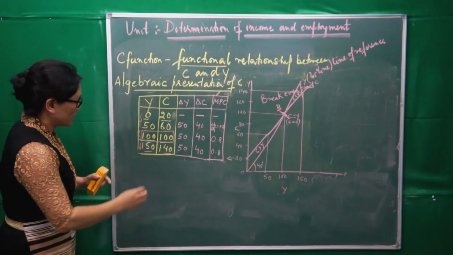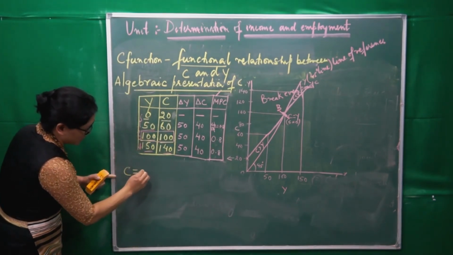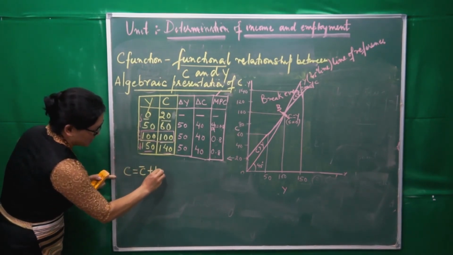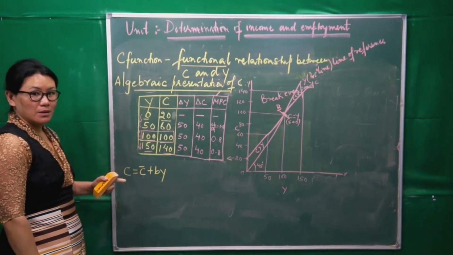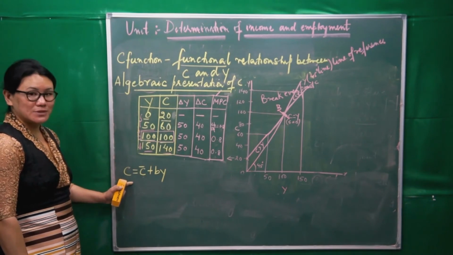All right. So C is equal to C bar plus BY. Okay, so this is the algebraic presentation of the C function.